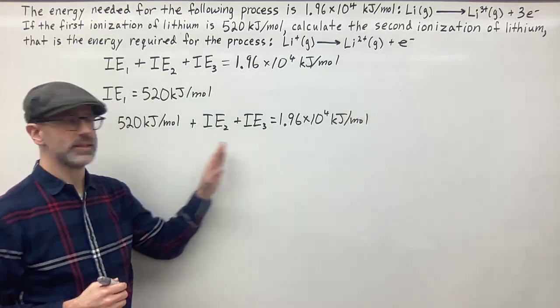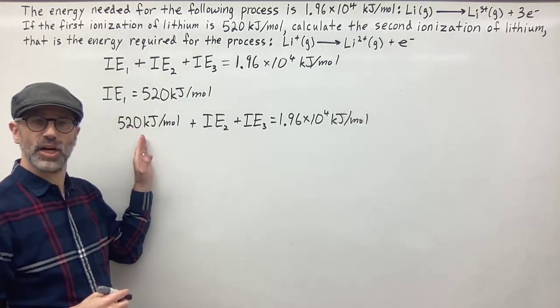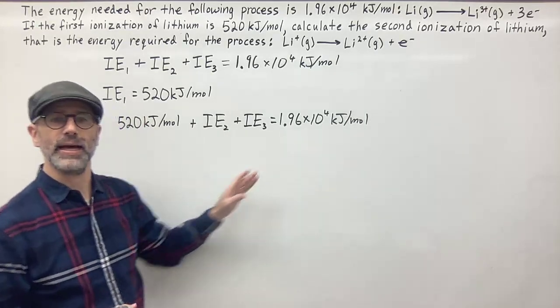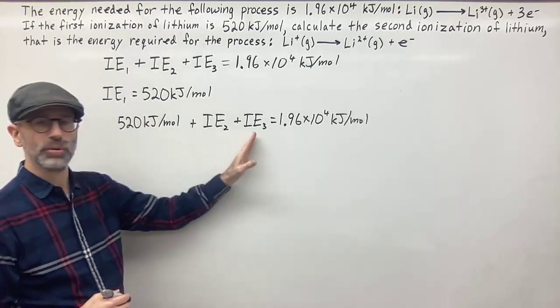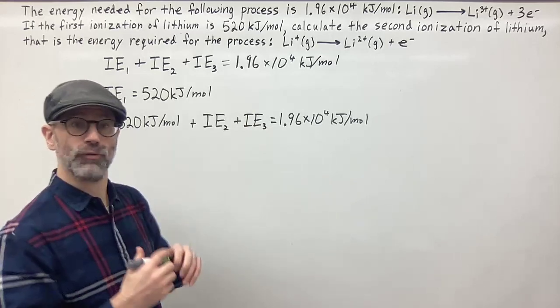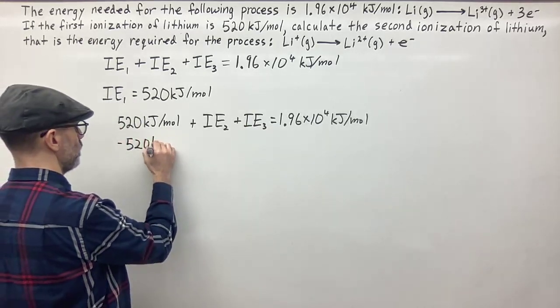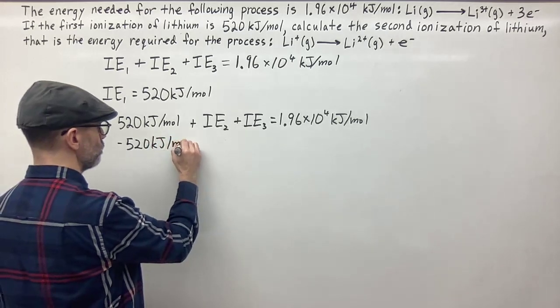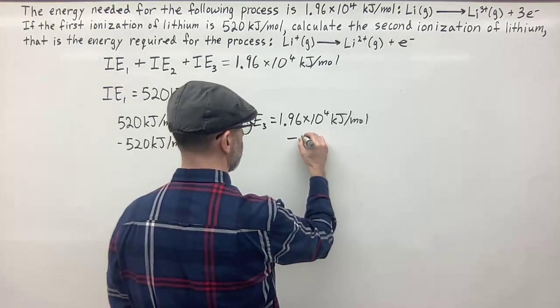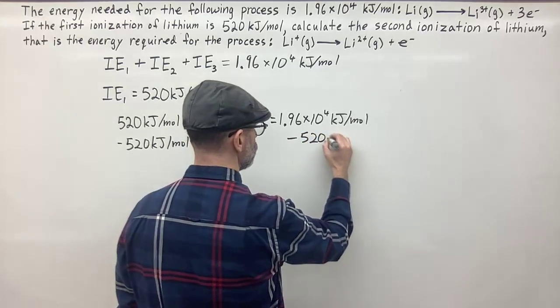Now I can subtract this ionization energy from both sides, and I'll get IE2 plus IE3, the total for those two. So I'll subtract 520 kilojoules per mole from each side.